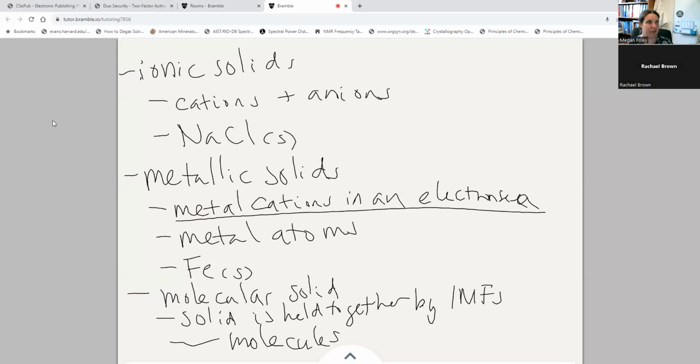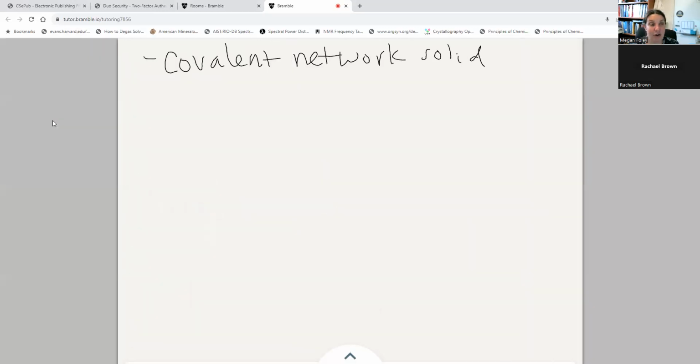Metallic solids, same idea. It's another extended solid. So we have metal atoms bonded to other metal atoms beyond count. Molecular solids are discrete molecules held together by intermolecular forces, so not an extended solid. It is a solid that contains discrete molecules. The difference between a covalent network solid and a molecular solid is that they both contain covalent bonds, but our entire structure is covalent bonds.